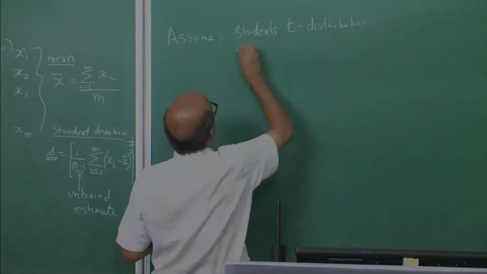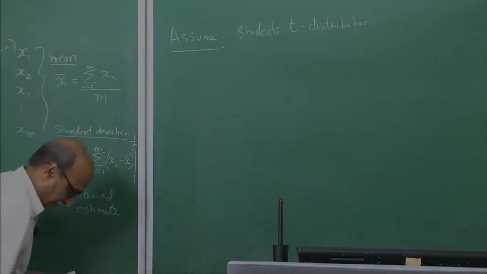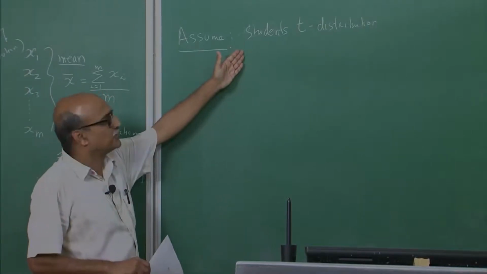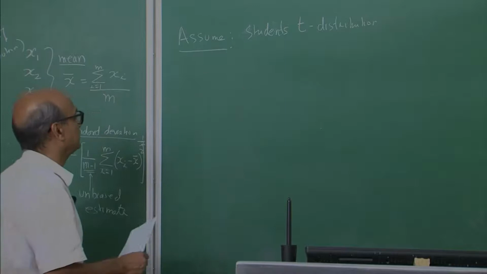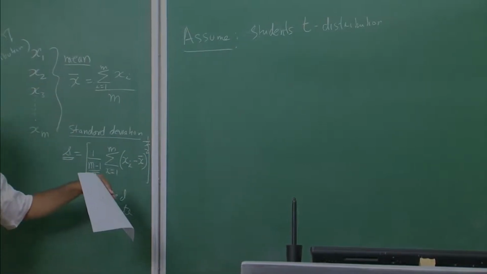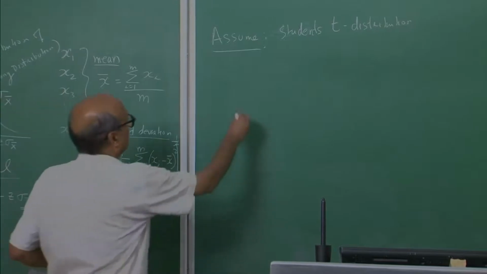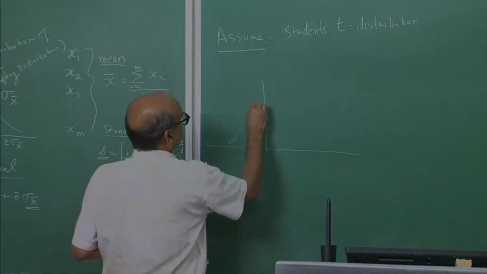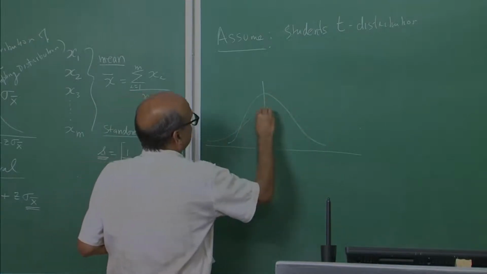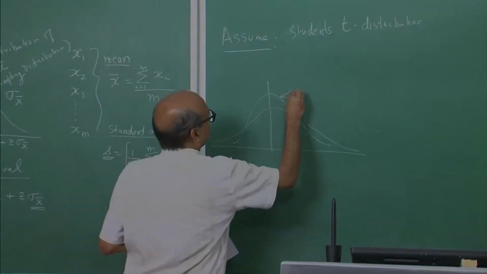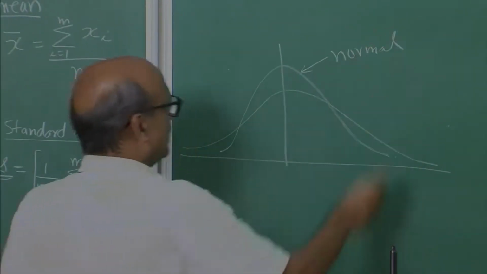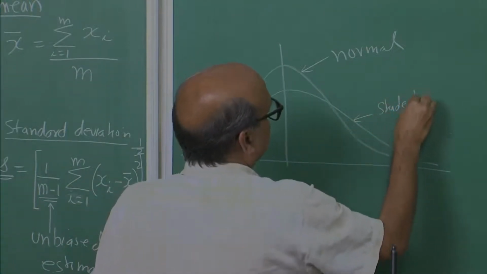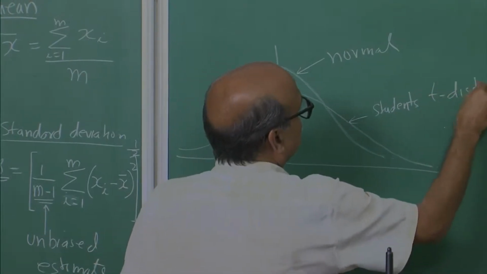Now, the student's t distribution is also very similar to the normal distribution. It also has a bell shaped curve, but it is much more spread out. So, for example, if I were to show the normal distribution and the student's t distribution on the same graph, this is the normal for a given mean and standard deviation, and this is the student's t distribution.